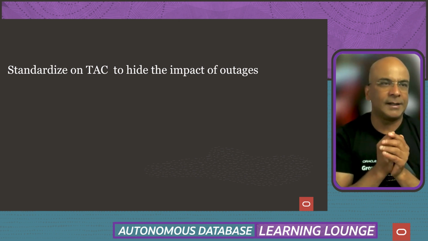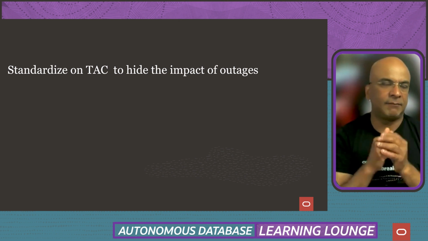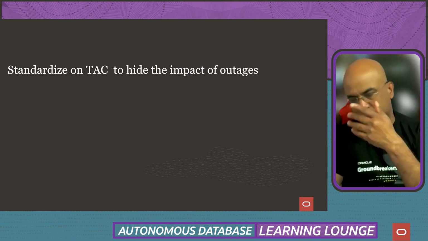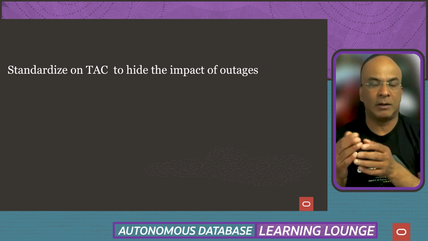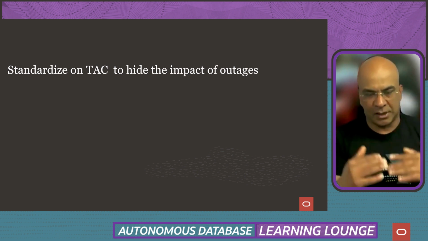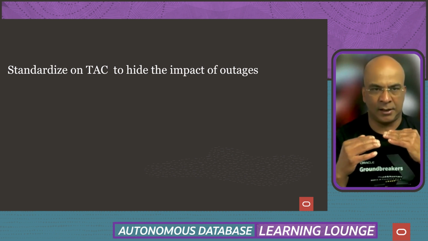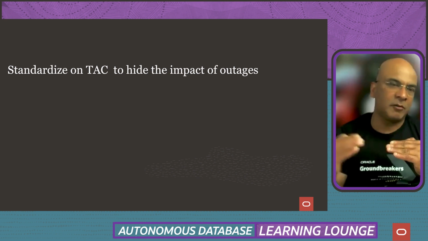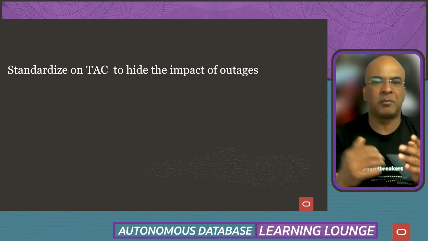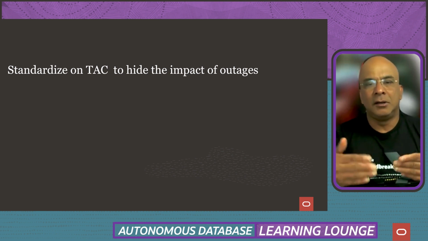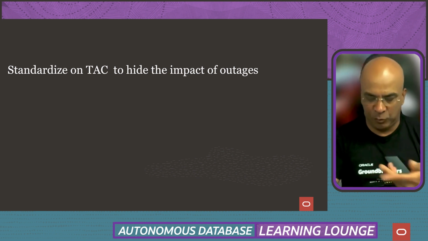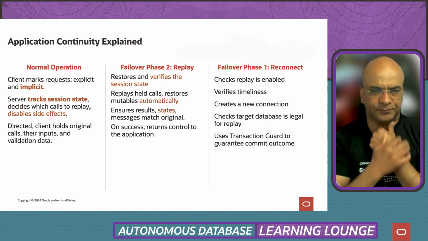What I mean by that is, yes, there may be cases that we cannot handle because the app is doing certain things or is not correctly configured or whatever. And the good thing is, as you standardize with TAC as the base, everything incremental that you do is going to give you more and more benefits. So unless you start with that standardization, the first step is the most important step, in other words, right?